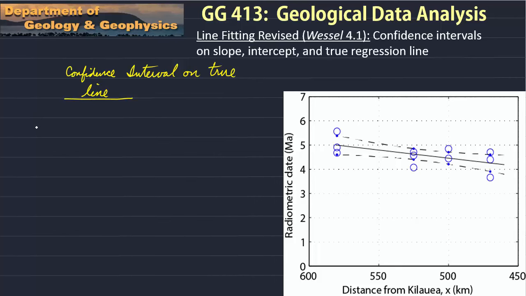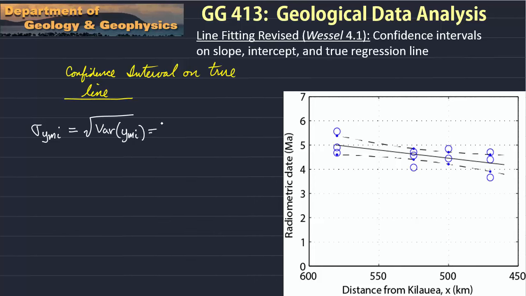So the standard deviation of each model value of our line, sigma sub y m sub i for each point of our model, is the square root of the variance of each point of our model.